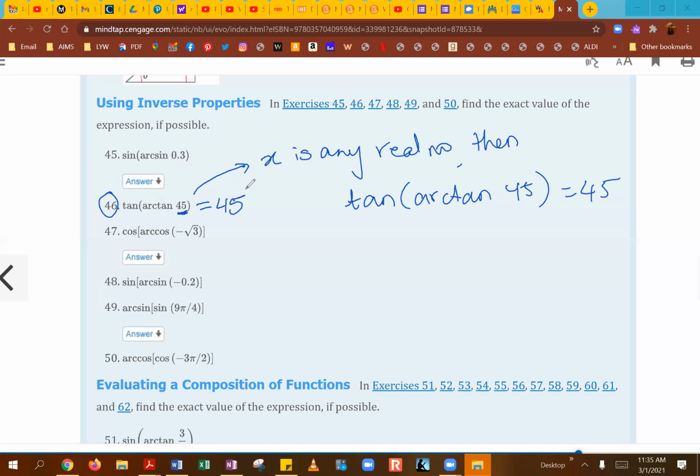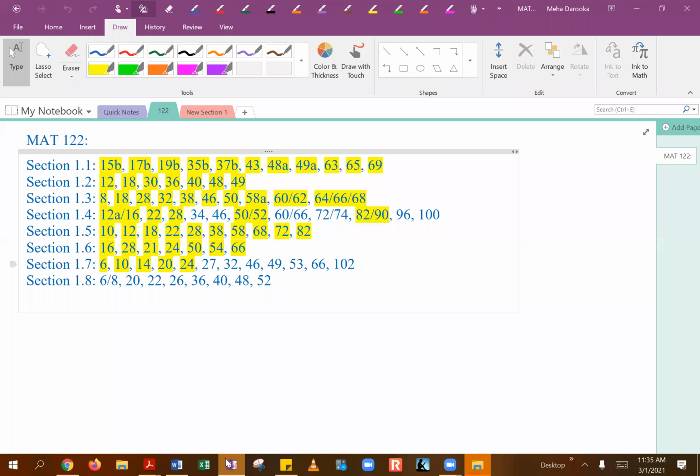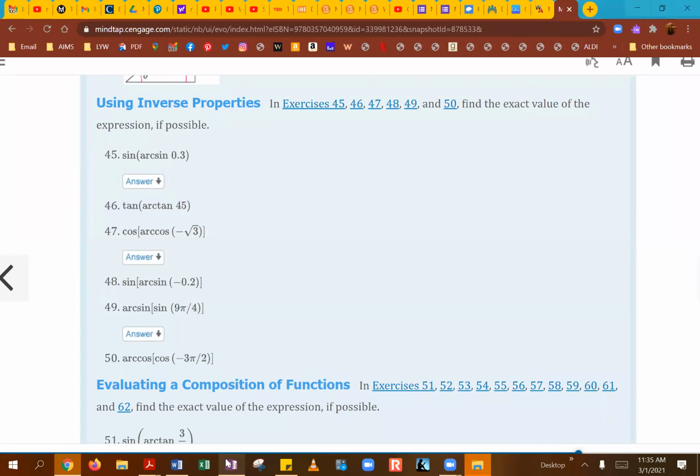But, of course, if it falls outside of your domain and range, then you have to be careful about what kind of answer you come up with. So this was a real straightforward answer. Just look at the format of the composition and then see if you're falling in that domain or range or not. But what happens if it does not fall into a domain and range? So let's take a look at an example like that. So 49.